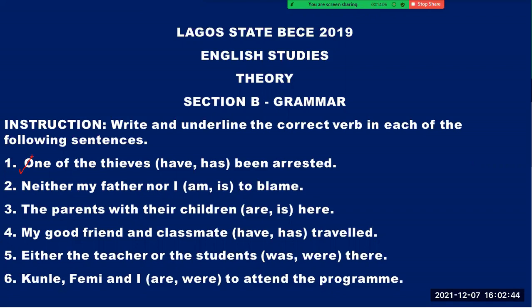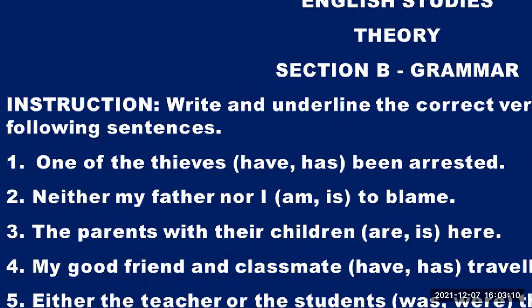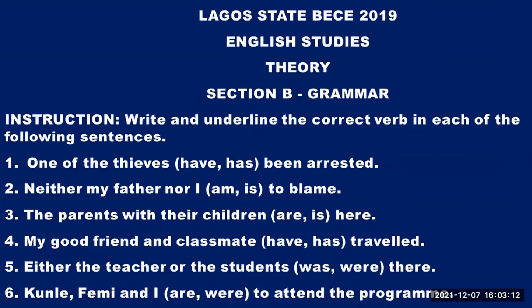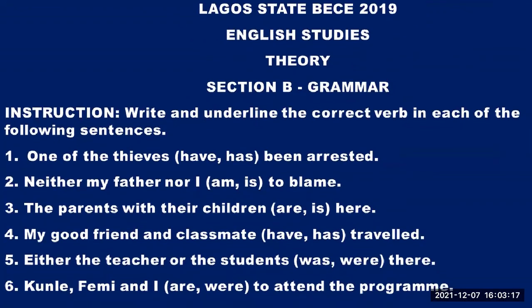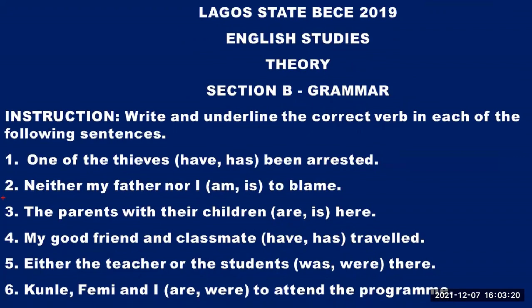Now, this has to do with the rule of concord. The rule of concord here has to do with "one of." Whenever you have "one of," what follows will always be a plural noun. But the important thing you need to note is that the real subject is singular, and that is "one of."